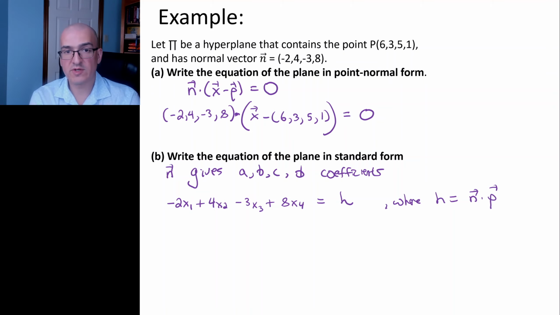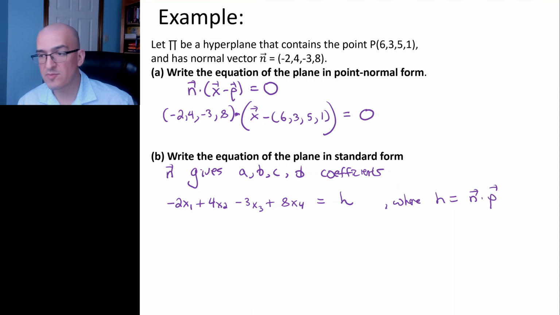We're taking that dot product we have in the point normal form and distributing it. So n dot x minus n dot p, and then adding n dot p to both sides. So we have n dot x equals n dot p. N dot x is exactly what you see on the left hand side. N dot p is thus going to be the constant that's on the right hand side.